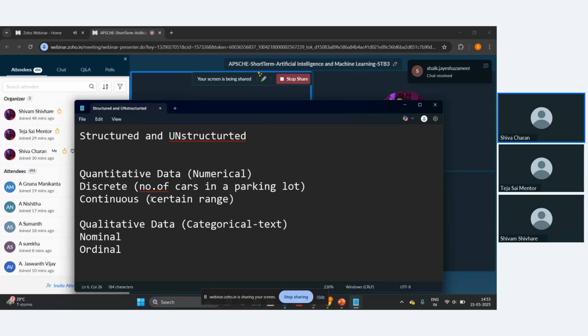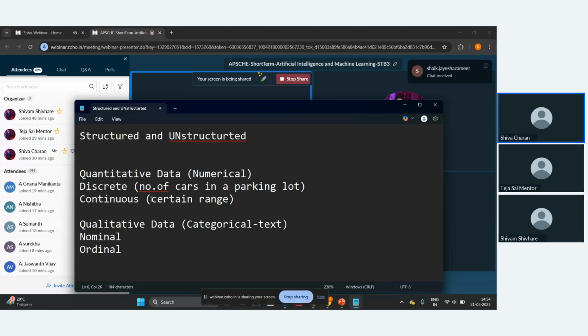So when I'm saying continuous, the data will be in a certain range, like the height of the students in a particular class. It will be from ascending to descending, right? That is one best way of describing continuous. So is it clear, guys? Yeah, measurements we can say.